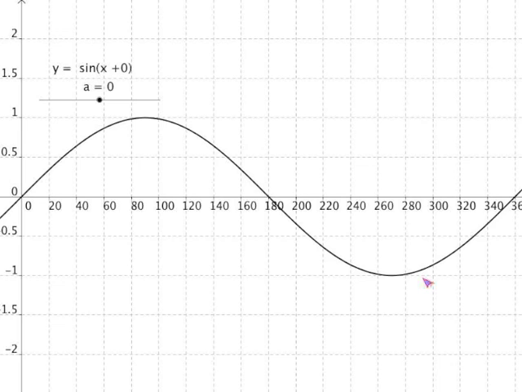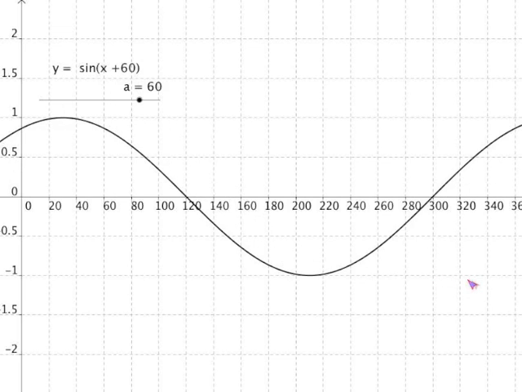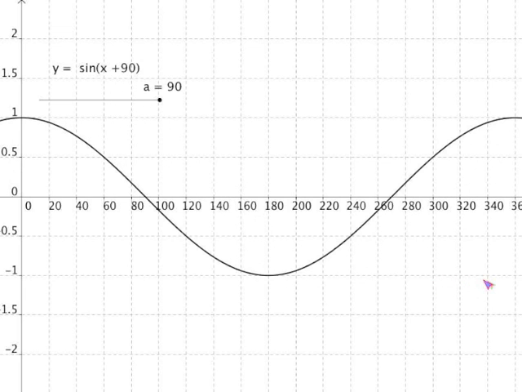Now, y equals sine x goes through the origin of the graph, the point 0, 0. Let's have a look at what happens with this function now: y is equal to sine of open bracket x add 90 close bracket.